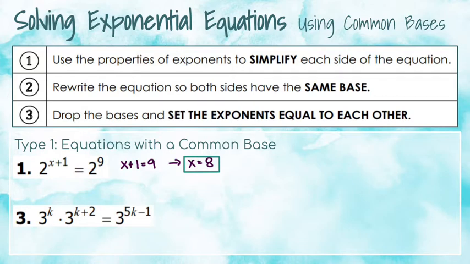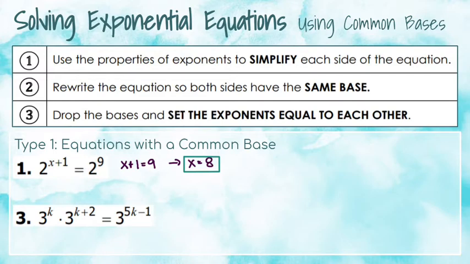So let's look at number 3 because it's a little bit different. The first thing that we want to do is combine these two terms. We want to simplify the left side of the equation. And when we multiply like bases with exponents, you add the exponents.